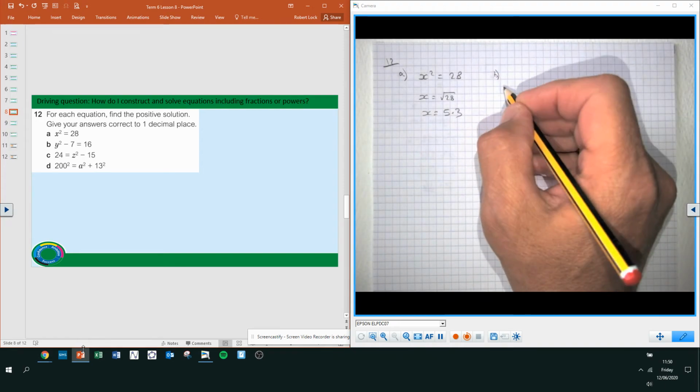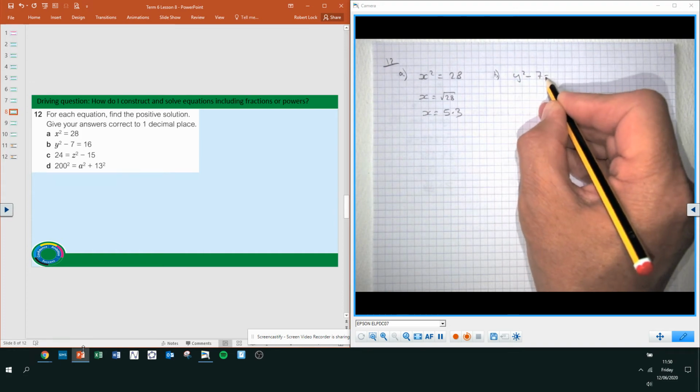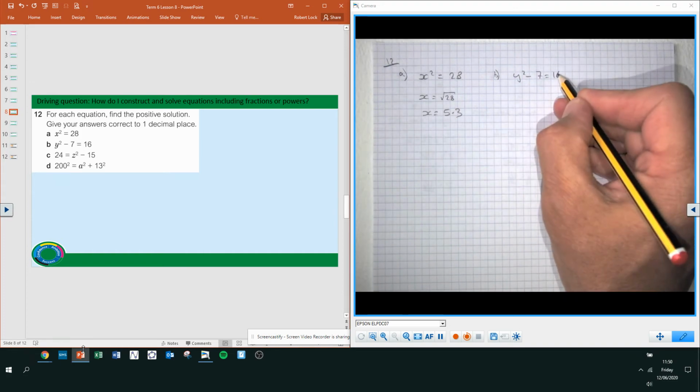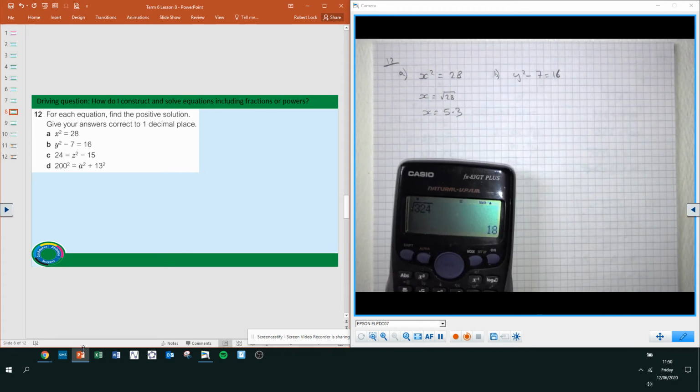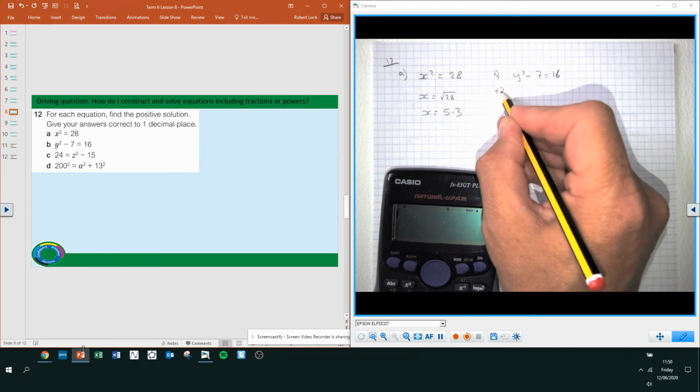B. For those people who didn't want to work out the equation, y squared minus 7 equals 16, because you can't really do that on this calculator. I'm thinking, okay, where's y? It's not there. So add 7 to both sides.